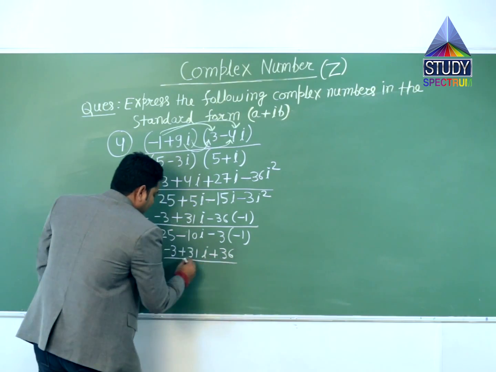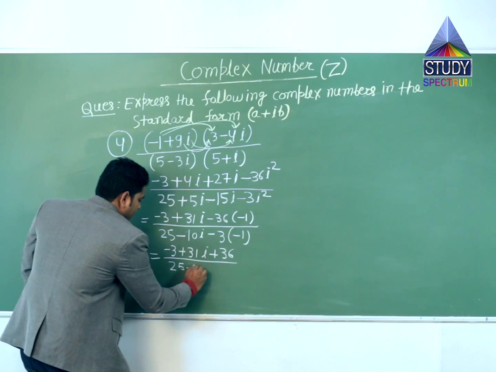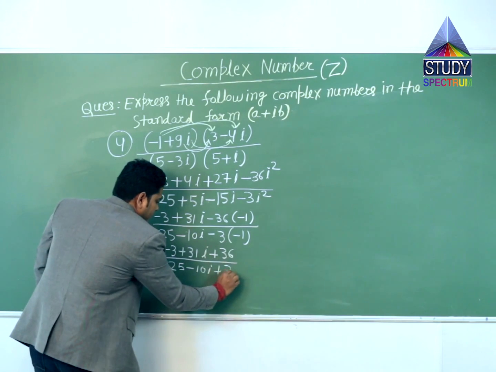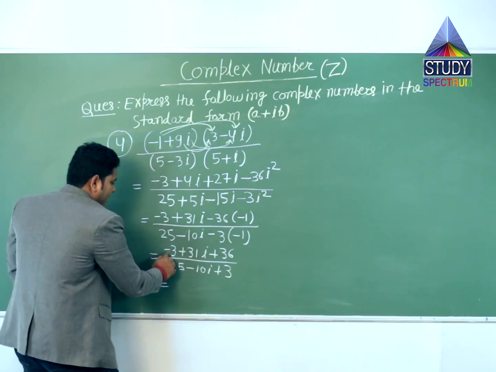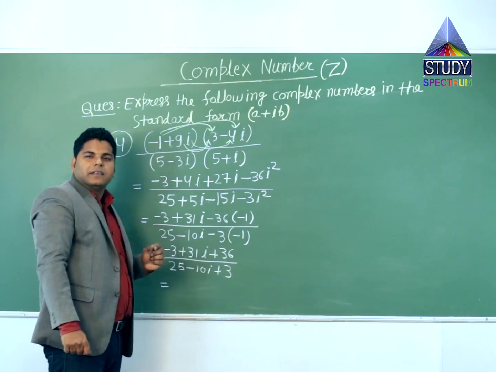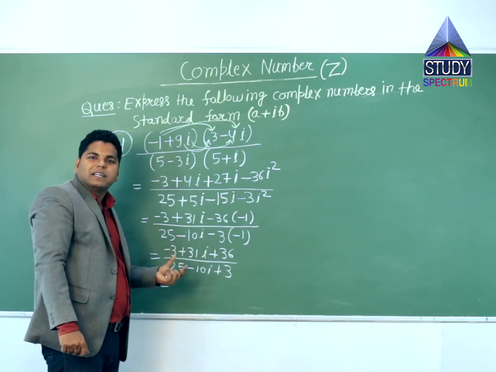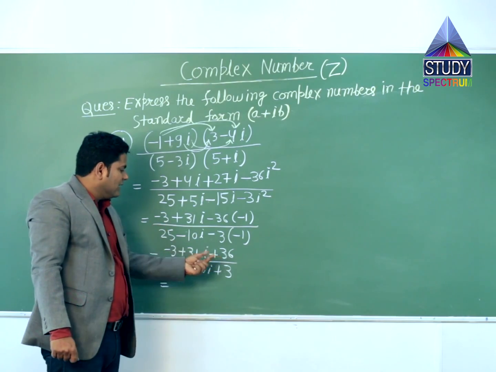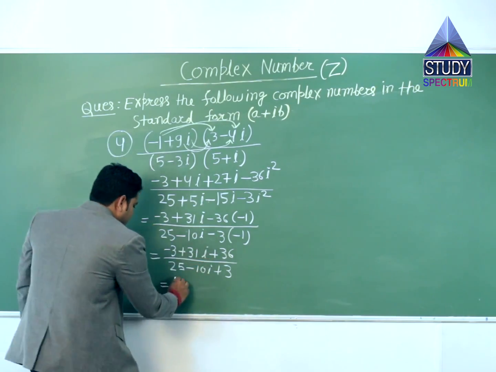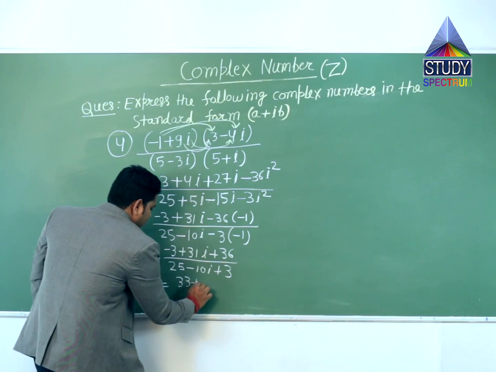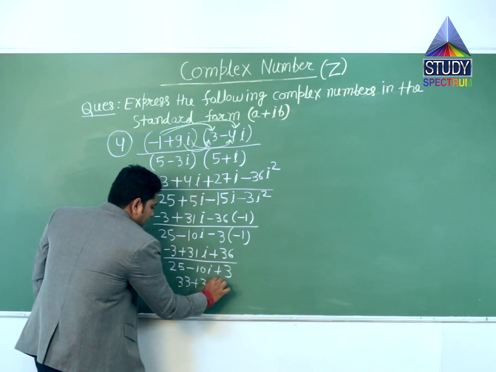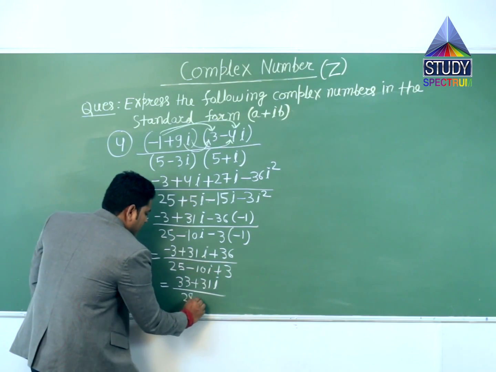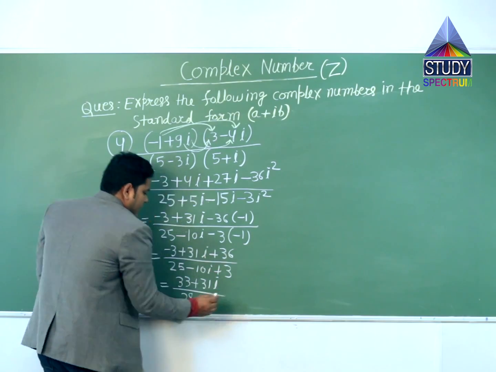In the same way, we'll write 25 minus 10i plus 3. So it will be minus 3 plus 36. Both have opposite signs, so we'll subtract. So 36 minus 3 is 33, and the larger number has a positive sign, so it will be 33 plus 31i upon 25 plus 3 is 28 minus 10i.